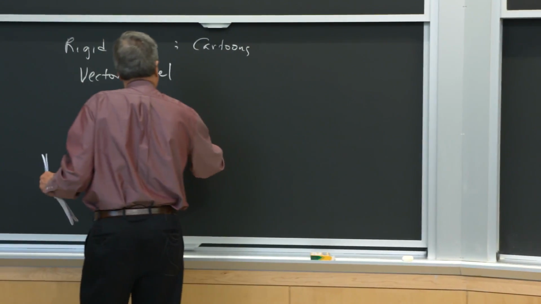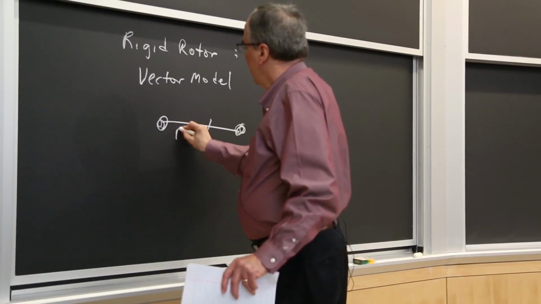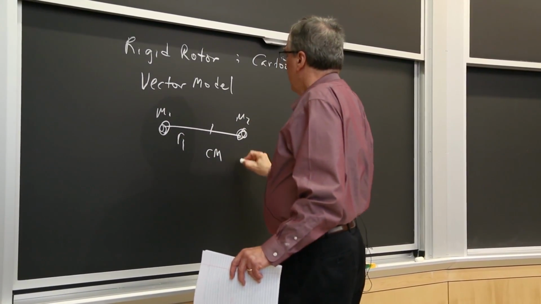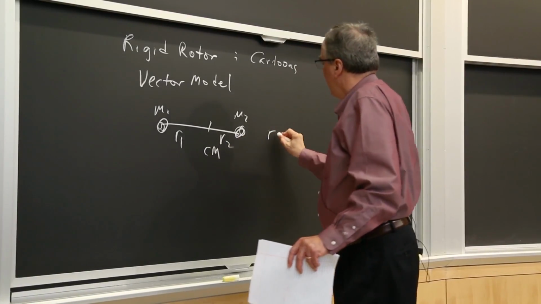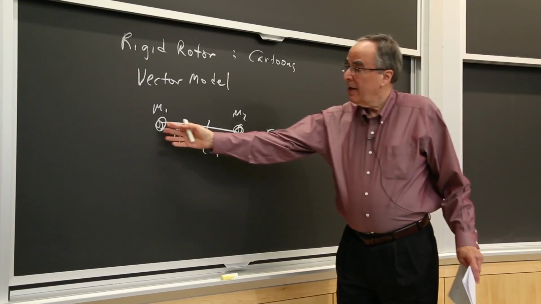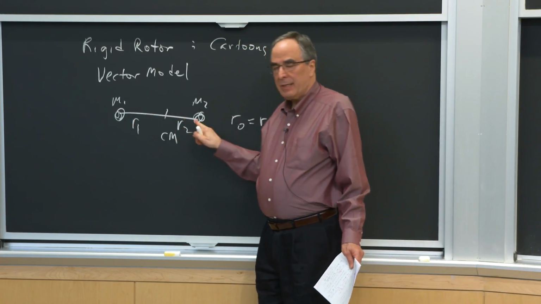So the rigid rotor, we have a molecule. So we have a bond of length r sub 0, and we have 2 masses.